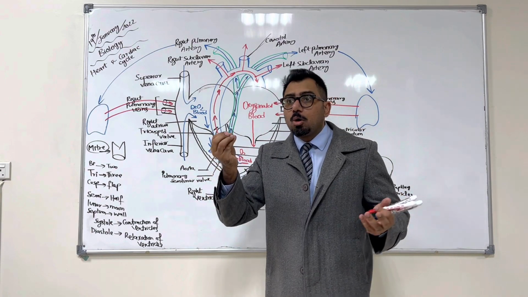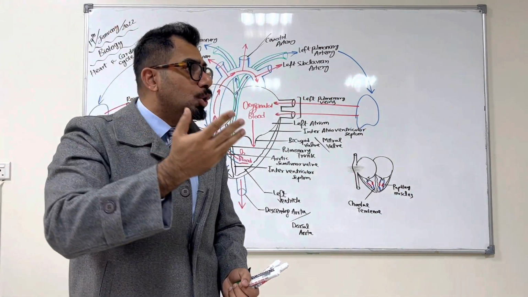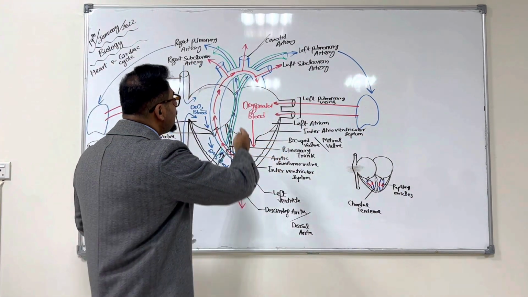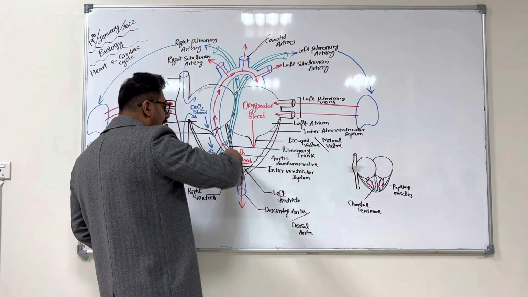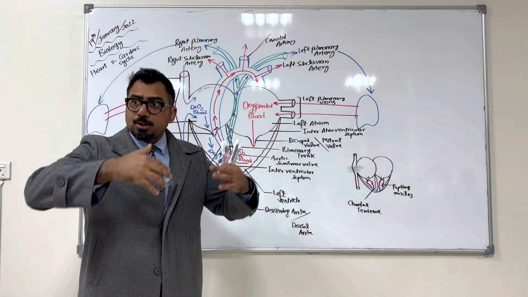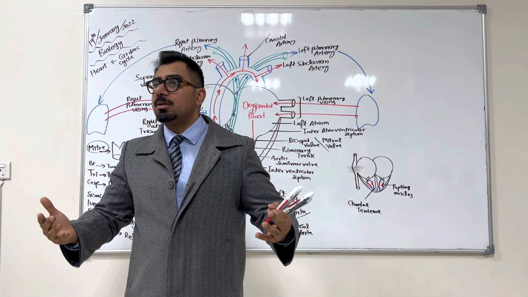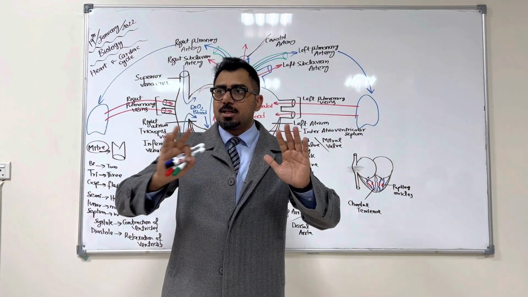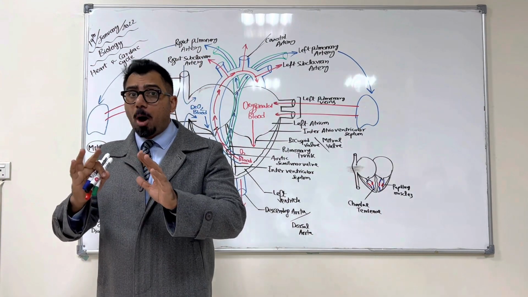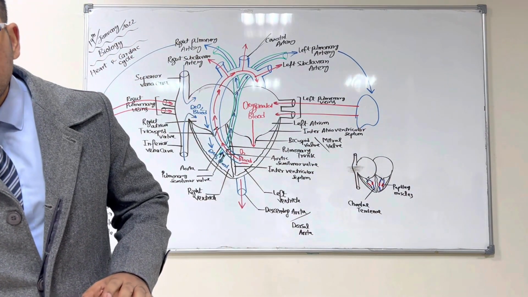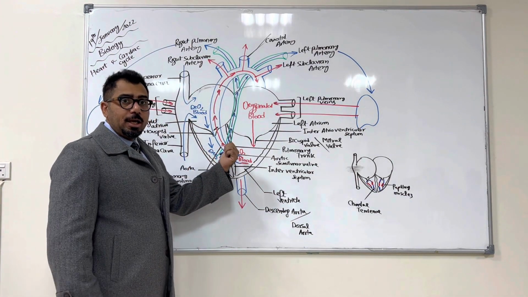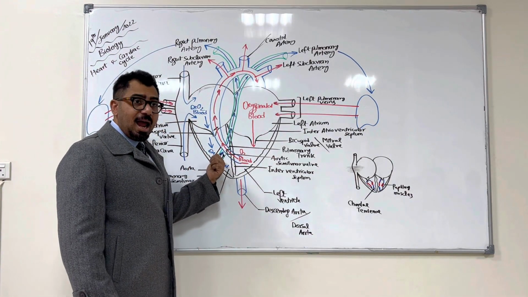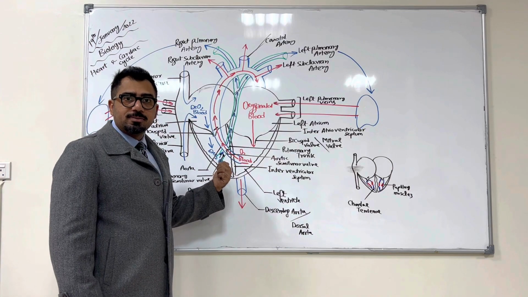Right? So things always move from higher pressure to lower. So blood will try to come back in both the aorta and the pulmonary trunk. It will try to come back from high pressure to low pressure. Should it come back? The answer is no. It should be stopped. For that purpose, there are semilunar valves. Aortic semilunar valve and pulmonary semilunar valve.